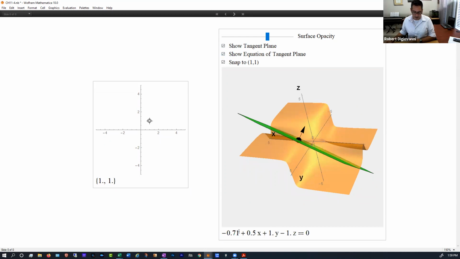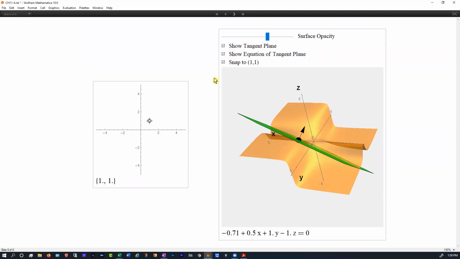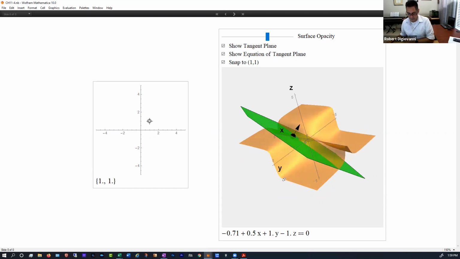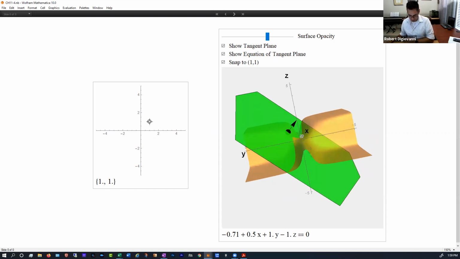Now it did some rounding of a decimal because it had pi over 4 in there, so it just gave the decimal. All right. So that tangent plane is the only tangent plane that exists at that point. It's the plane that just touches through that point. Of course, it's going to hit the surface in other places, but that happened even in Cal 1.